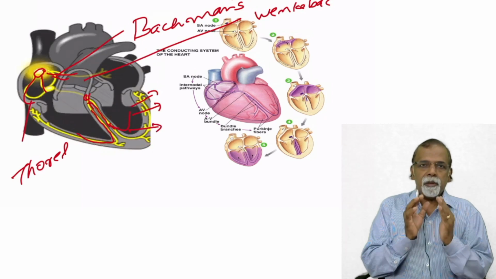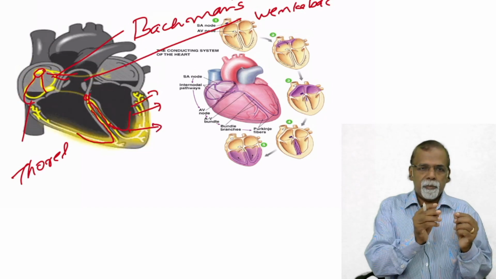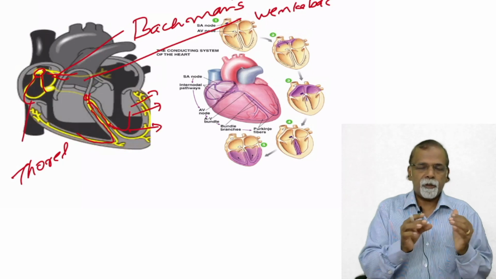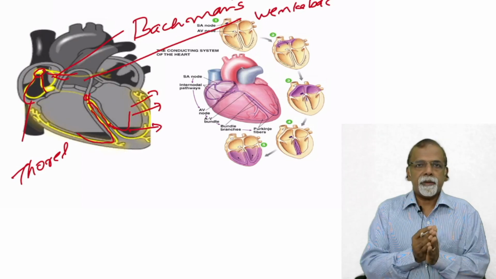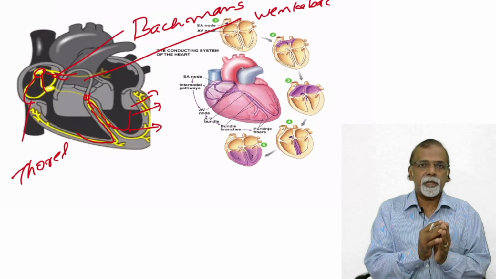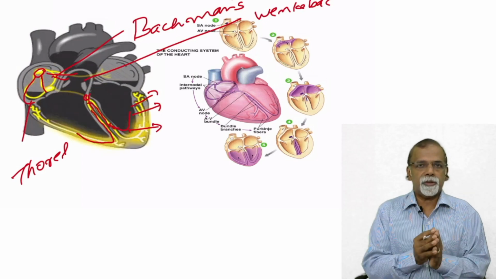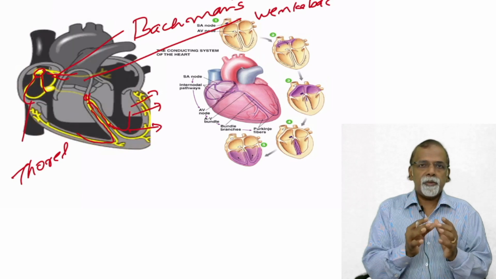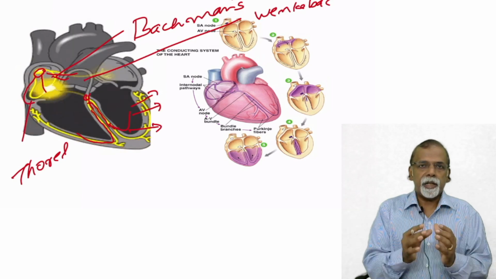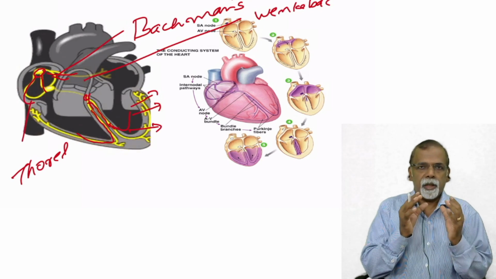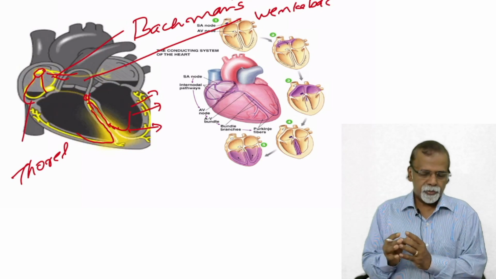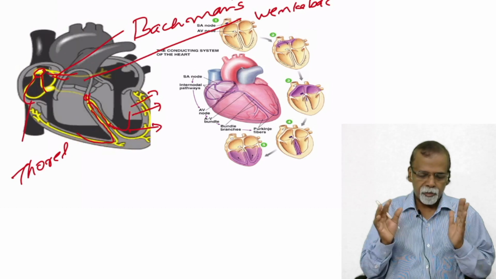The point to be remembered is that it is not the passing of the impulses through the conducting system that produces the electrical activity, but the action potential generated due to this. The sum total of the action potentials of the cardiac myocardium is recorded as the electrocardiogram. So that is point number one you should remember.